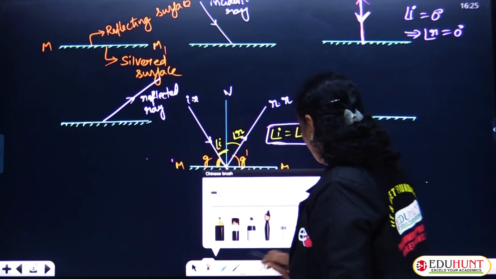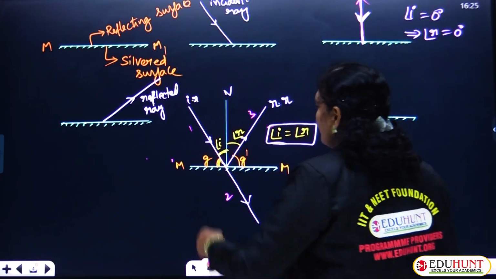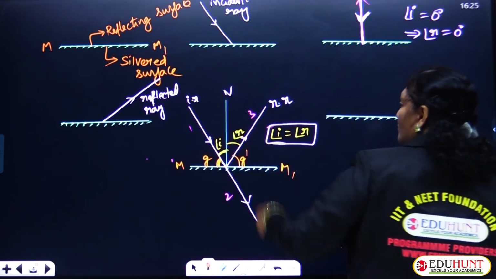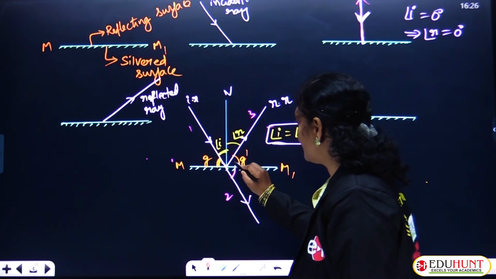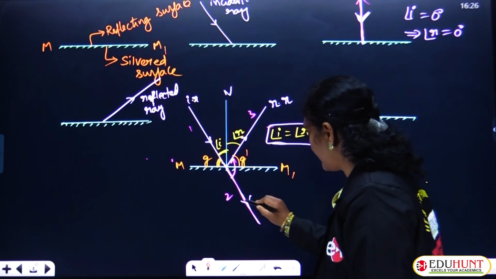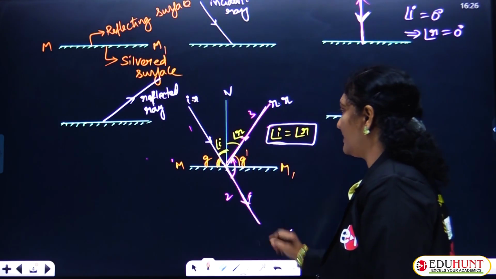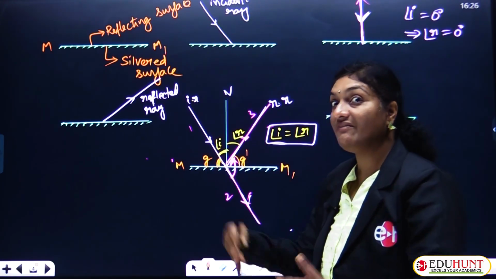Path 1, path 2 and path 3. Instead of going from 1 to 2, the light ray is going from 1 to 3. Okay, that means instead of going in this direction, it is actually going in this particular direction. That means this much angle is deviated.